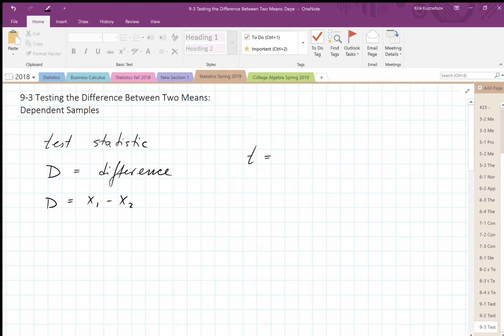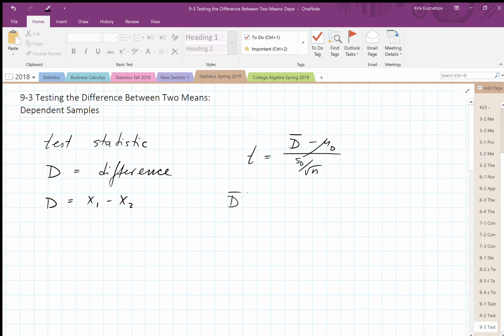So the test statistic is a T that takes an average of the differences, subtracts the hypothesized mean for the difference, divides by the standard deviation of the difference over the square root of n. So the formula itself looks just like a one sample t-test because that's what we're going to be doing.